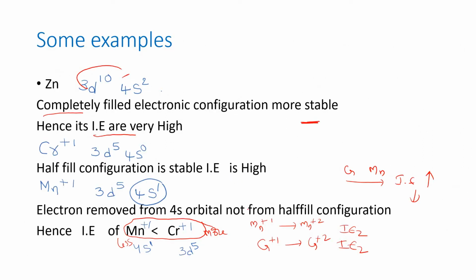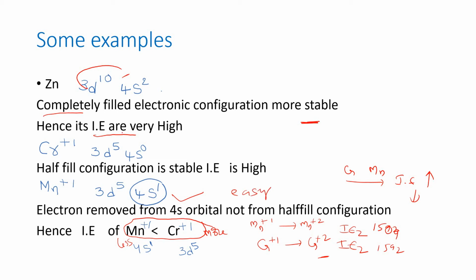Why does it happen? For manganese, which electron are we removing? 4s1, which is very easy to remove.